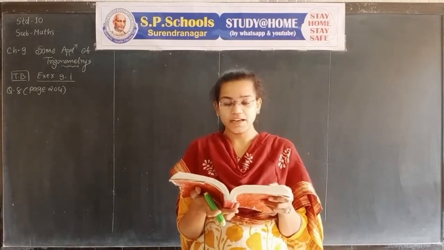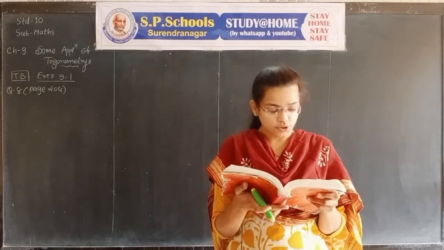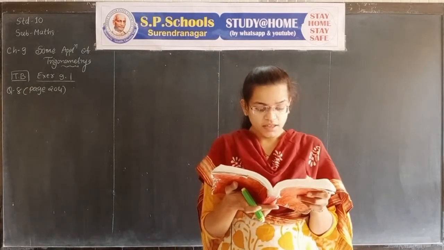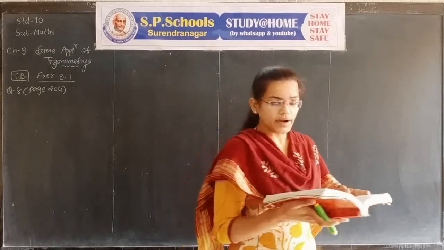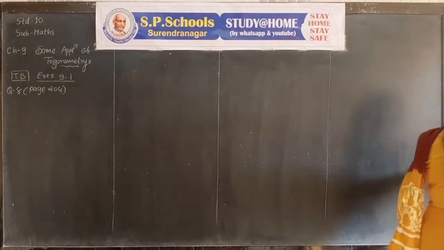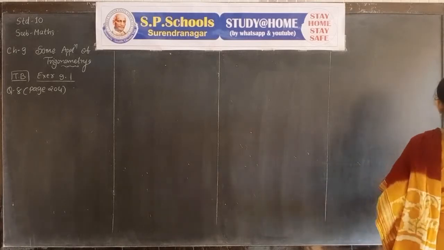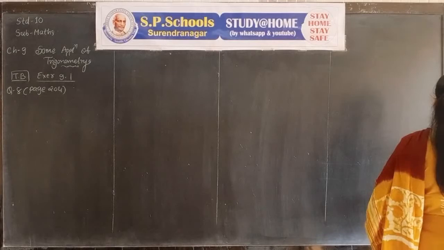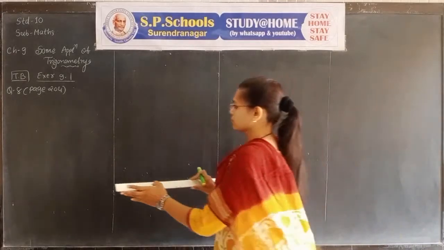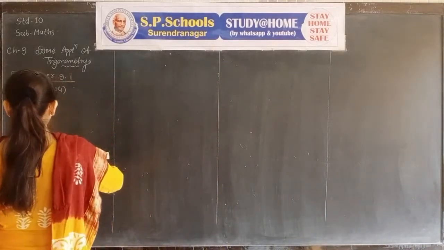We need to find the height of the pedestal. A statue 1.6 meter tall stands on the top of the pedestal. First of all, we have to draw a pedestal. Use a scale and pencil to draw a figure. One ground level is there.